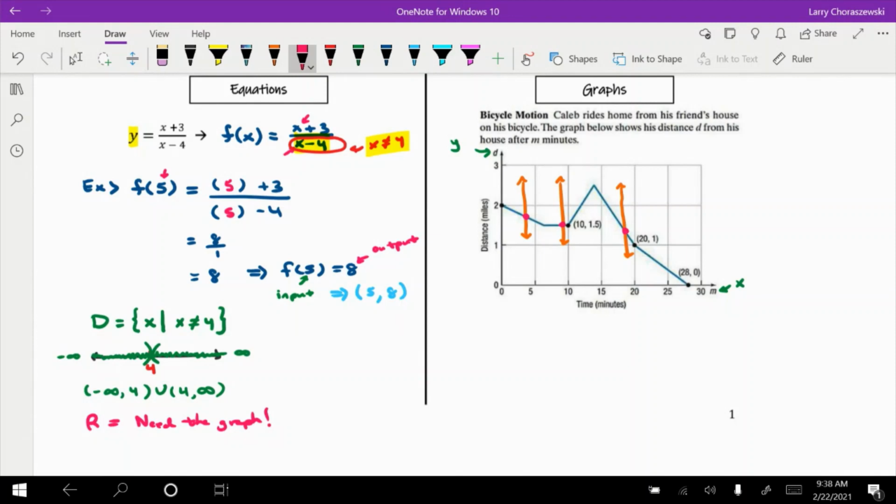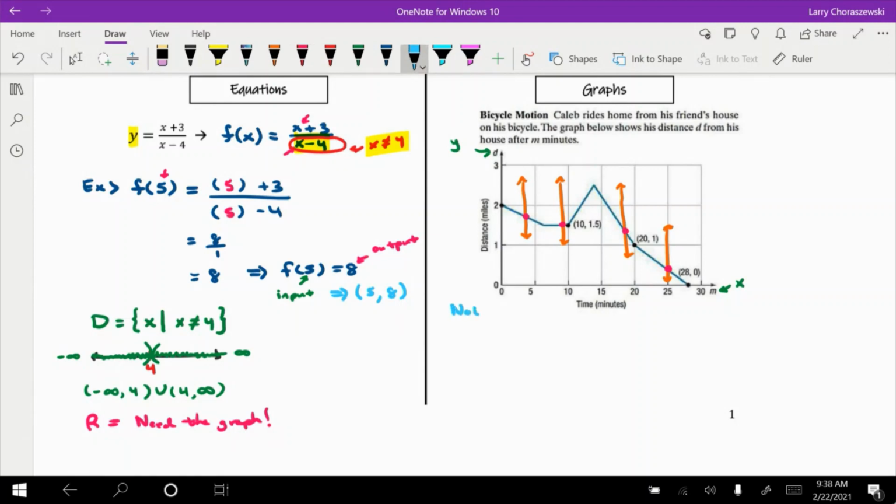A few more vertical lines could probably convince us of that fact, right? This is good enough for me, but if you want one more, maybe we could do one over here that would cross the graph in only one spot. And if you get the sense that all vertical lines you draw through the graph cross the graph in one and only one spot, then the graph passes the vertical line test.